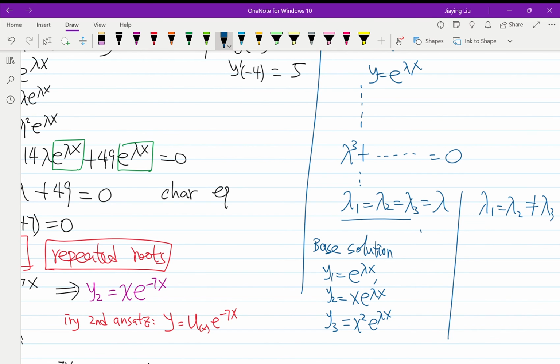So the base solution is going to be y1 equals e to the lambda 1x, y2 equals x e to the lambda 1x, y3 is equal to e to the lambda 3x. That's it.